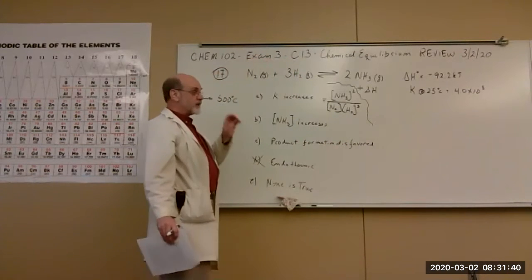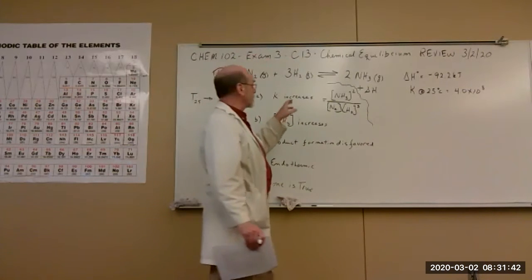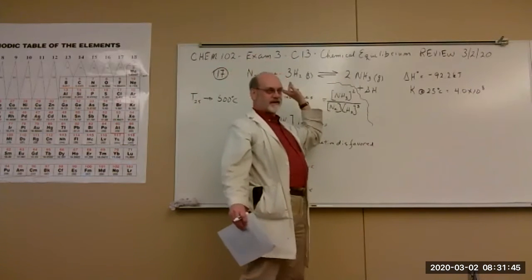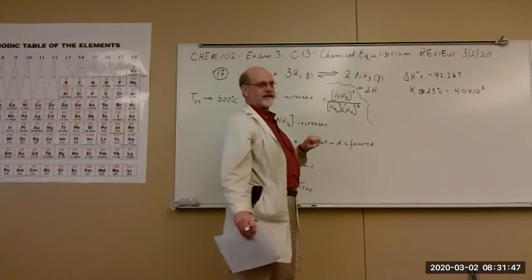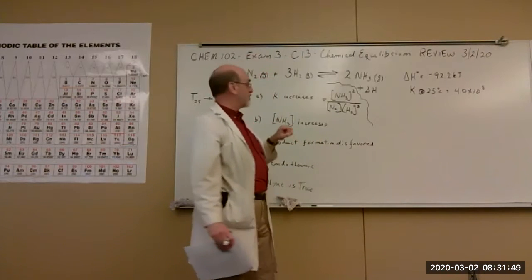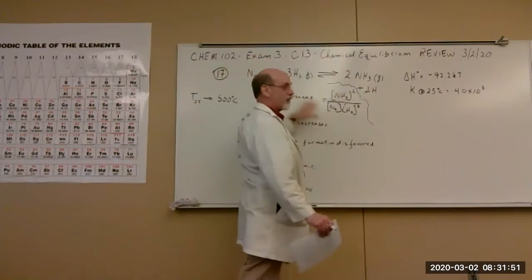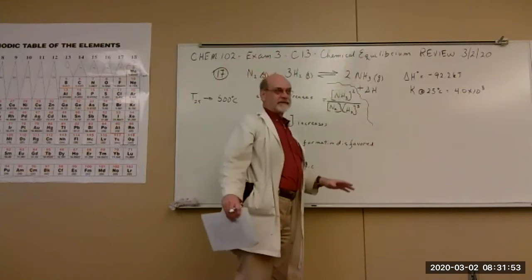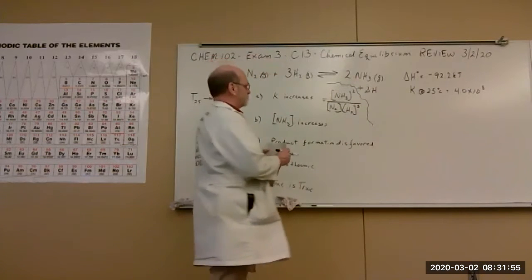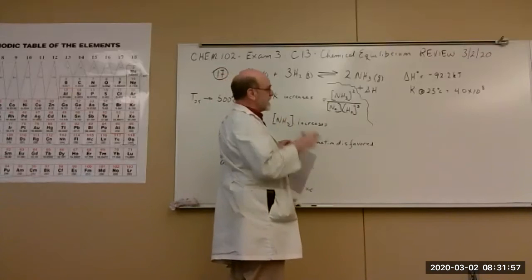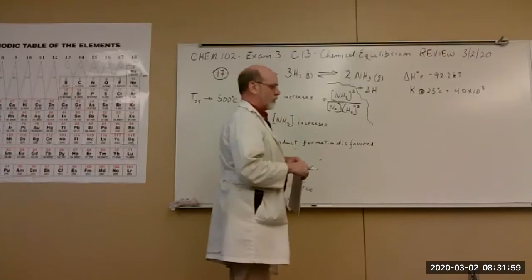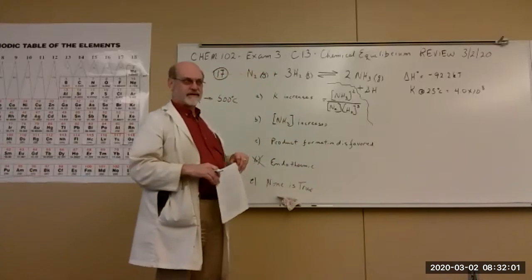Right. If you increase the temperature of the reaction vessel, it affects both sides. It doesn't just focus on that side. Heat is being applied to the entire reaction system. So the key here is to find out where is the heat input.